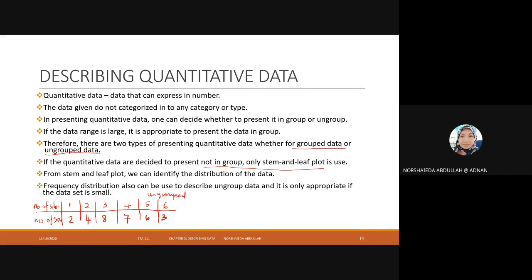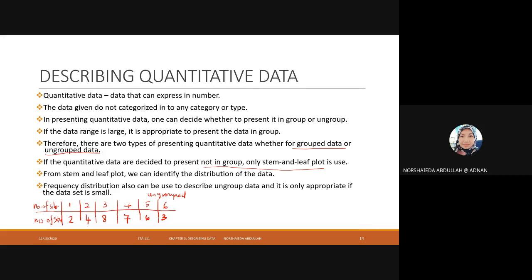Okay. So for data that is in a large range, we need to group the data. For example, let's say the amount of money spent by students for a day. Let's say some students do not spend money, zero, and some spend up to 100 ringgit per day. So the range there is very large, from 0 to 100.